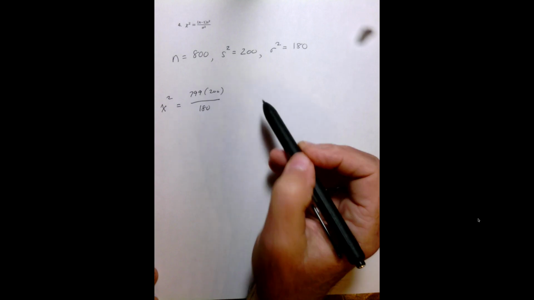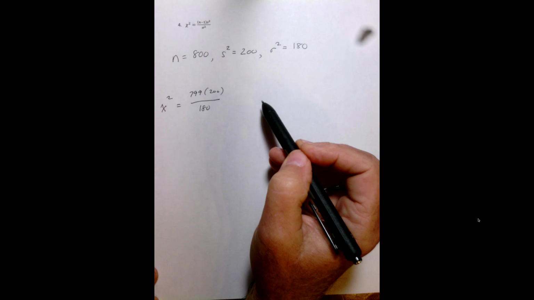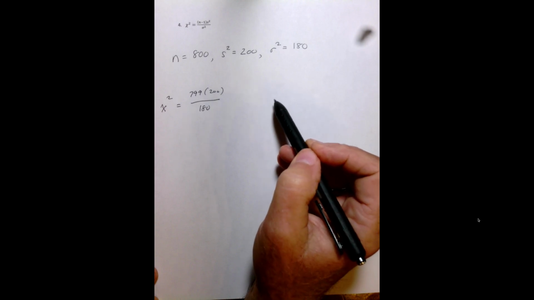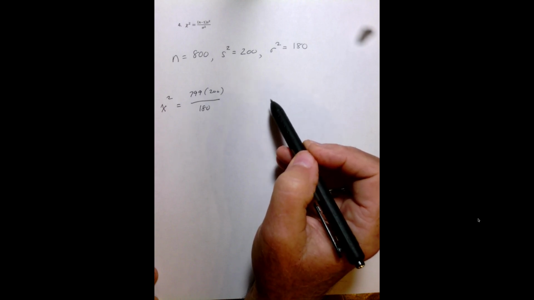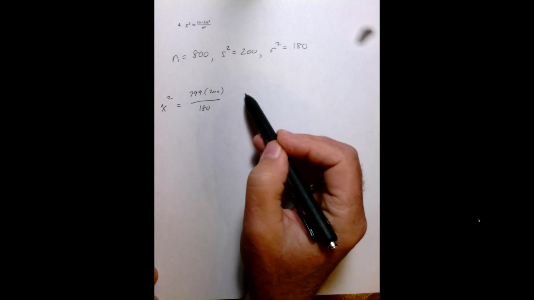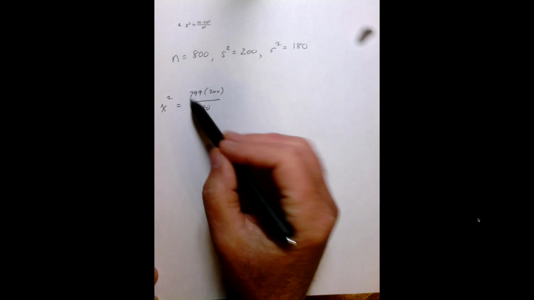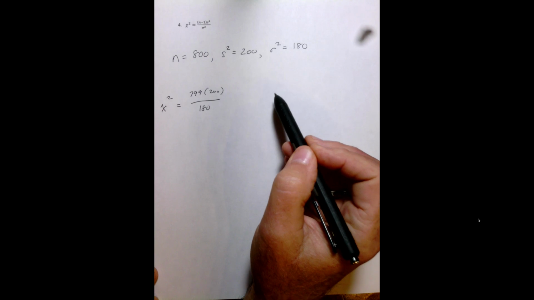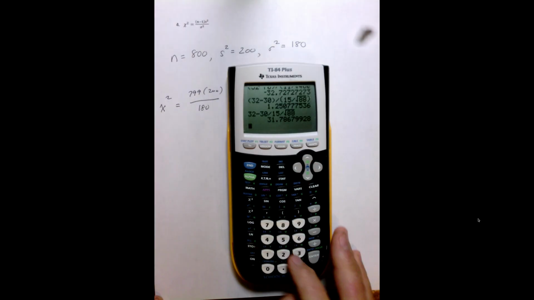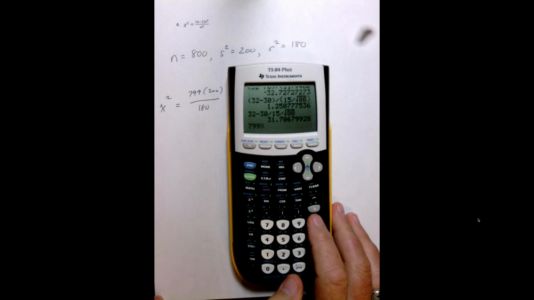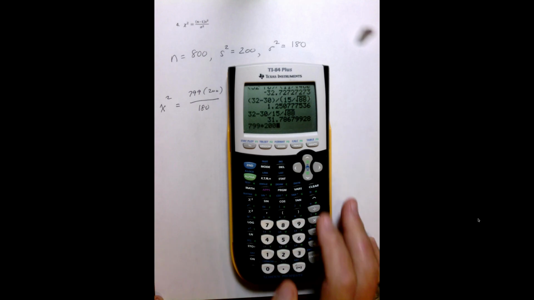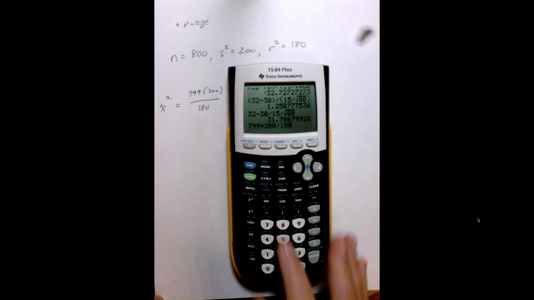Again, in please excuse my dear Aunt Sally, the M and the D, the multiplication and the division, all happen in the same line. So this is pretty easy in that I just have to take the 799 times the 200 and divide it by the 180.